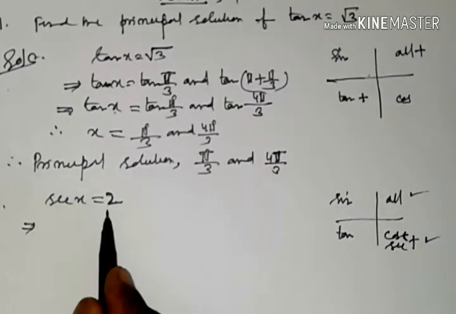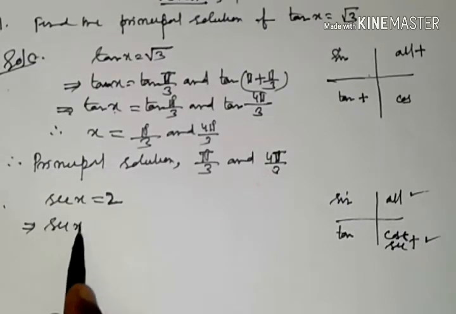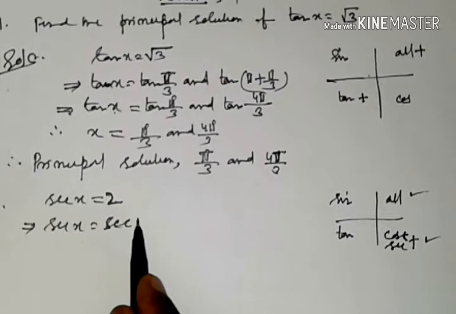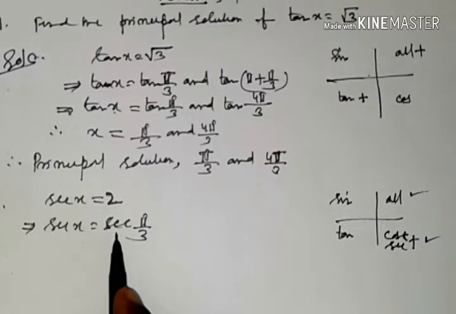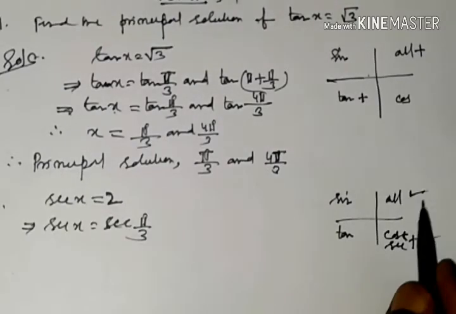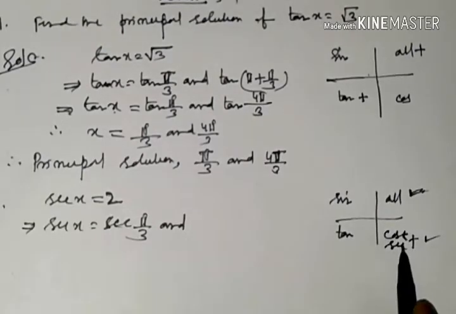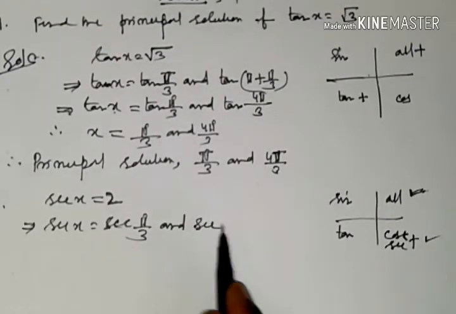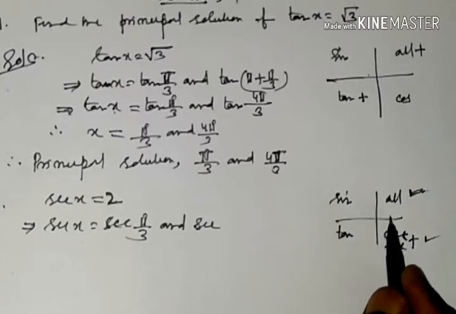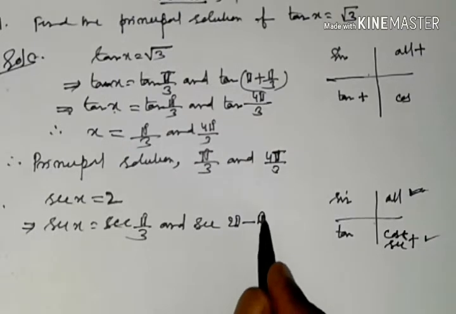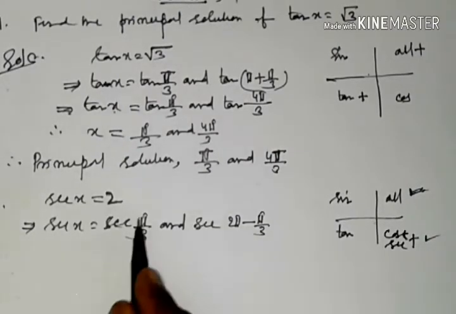Next, at what degree is sec equal to 2? This is sec pi by 3, that is 60 degree. Sec pi by 3 is equal to 2. So for the first quadrant it is pi by 3, and for the fourth quadrant it is 2 pi minus this angle.